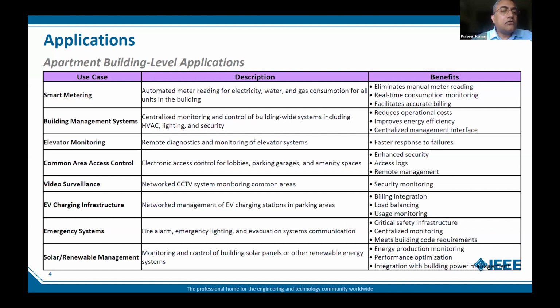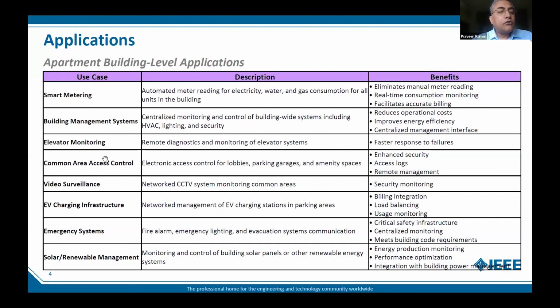Another use case is building management, controlling light, HVAC, and security. Because it uses existing electrical wire, anything connected with electrical wires can use it.